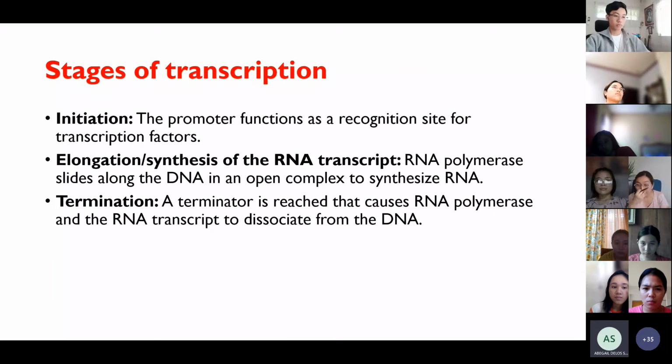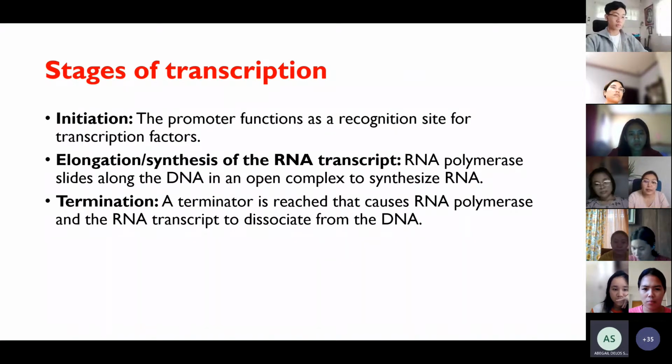So basically, for the initiation, the promoter would function as the recognition site. There needs to be a promoter, because if there is no promoter, we would not be able to start. That is the signal that we will start the initiation phase, otherwise RNA polymerase cannot bind. And then the transcription factor would enable our RNA polymerase to bind to the promoter.